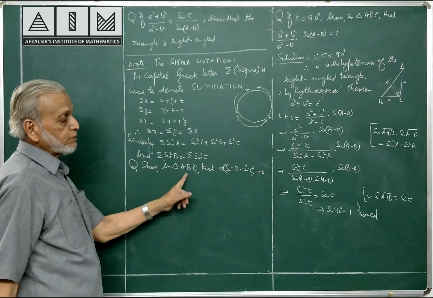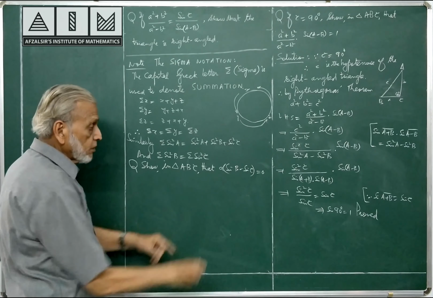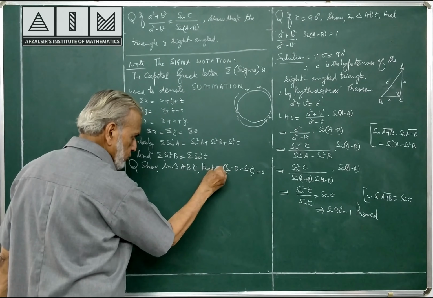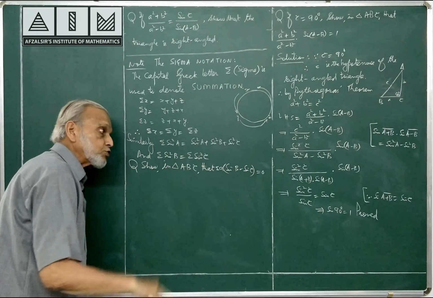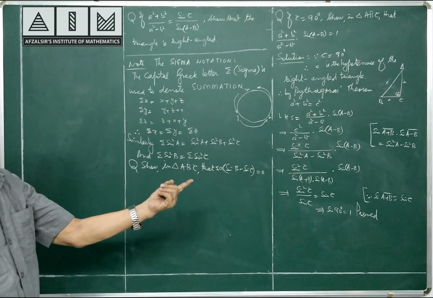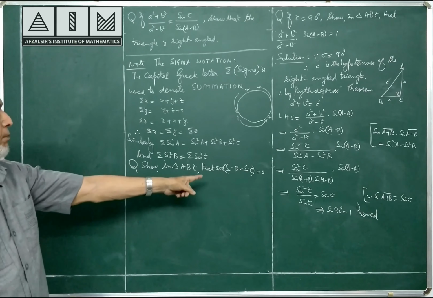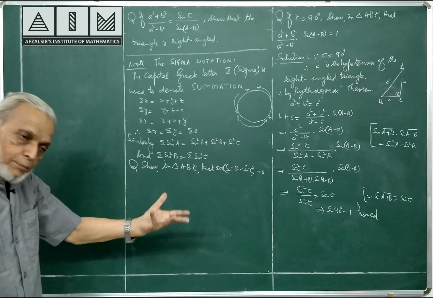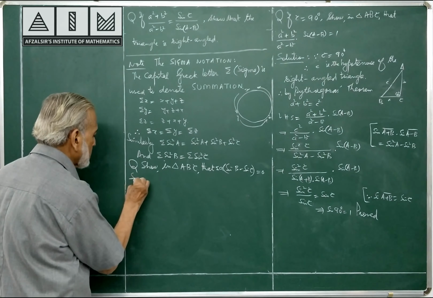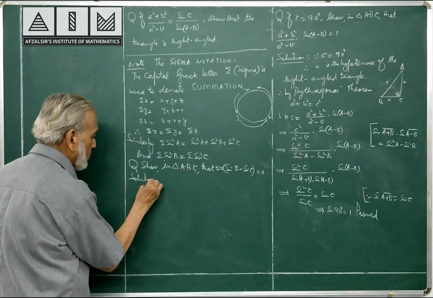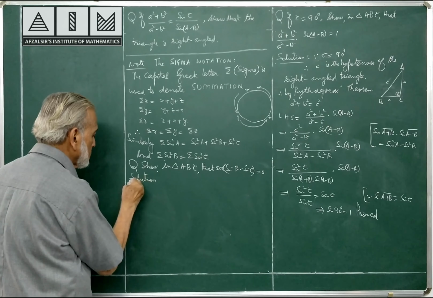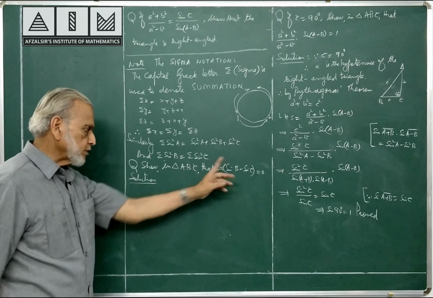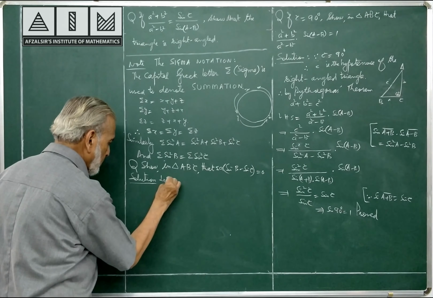Show in triangle ABC that sigma A into sin B minus sin C is equal to 0. I am solving, please see. Before beginning this question, please see here.